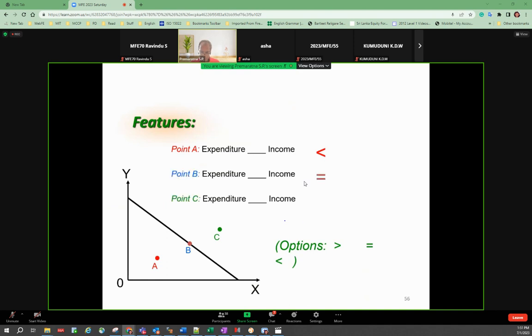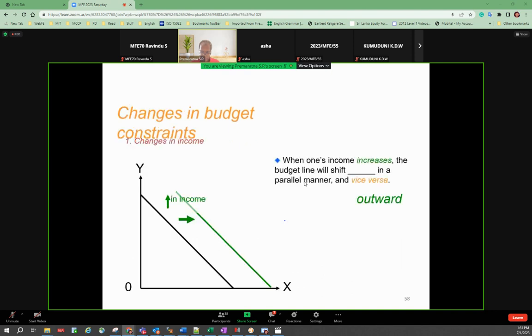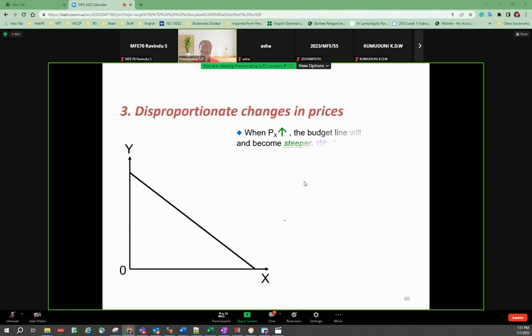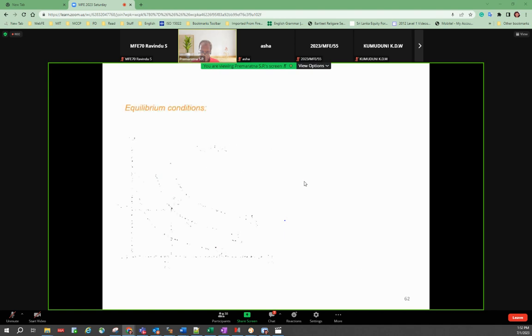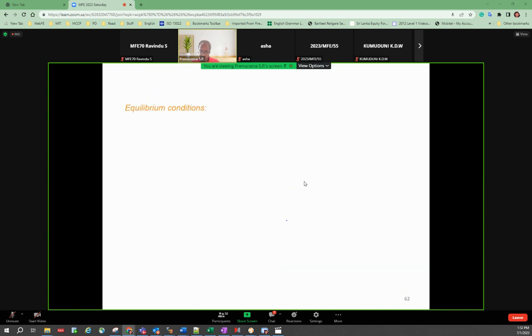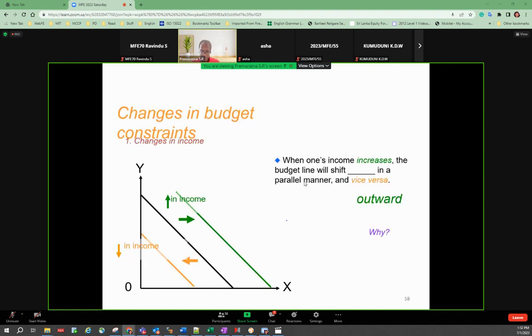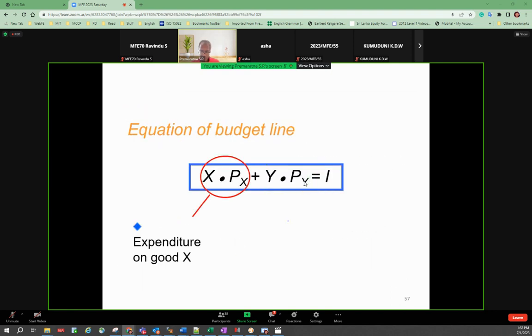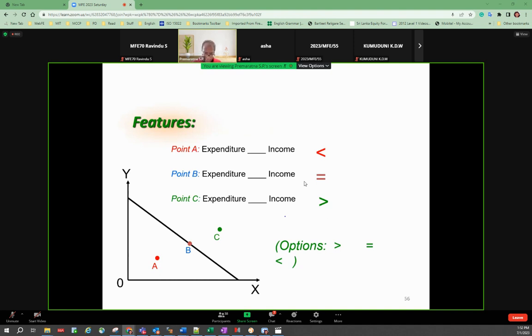Now look again. Like I explained, at point A the expenditure is less than the income.